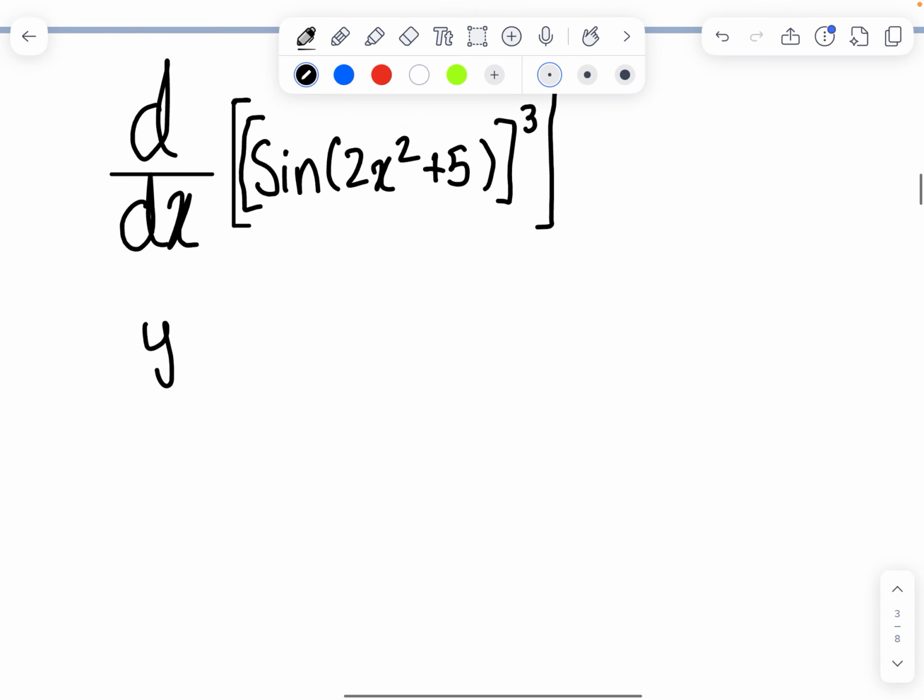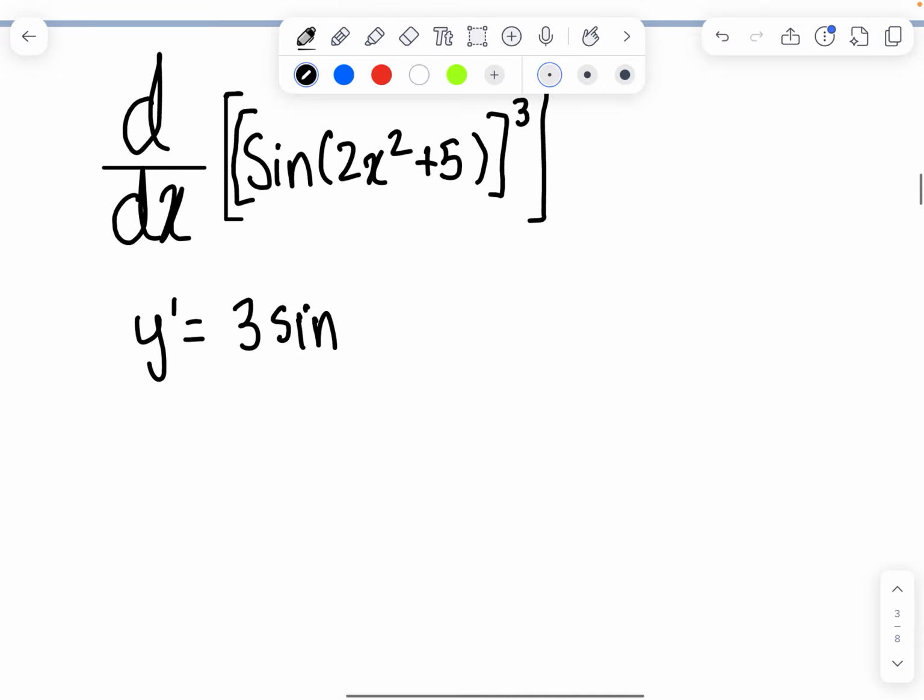That would mean the derivative for our first term would be, if we differentiate it, we move this to the front, 3 times sine of 2x squared plus 5, and this is to the power of 3 minus 1, so this is 2.